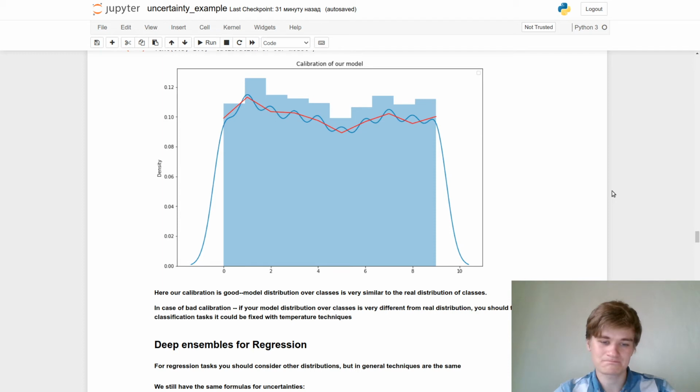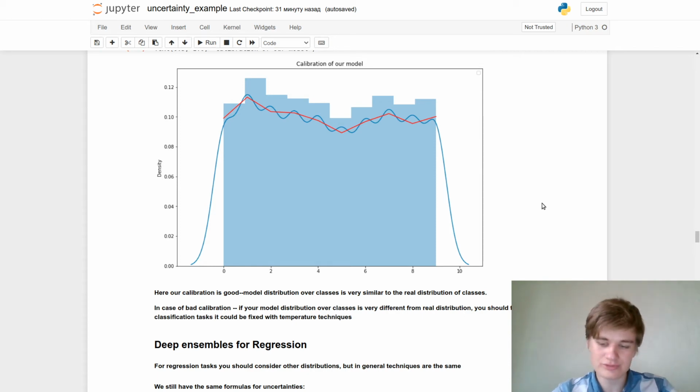For example, you can take the array of labels from MNIST and calculate the probability to meet some class, for example digit 1, and you will end up with some distribution over your classes. So you have classes from 0 to 9 here, and for each class you have some probability in your dataset.